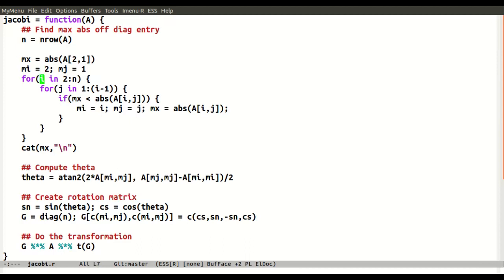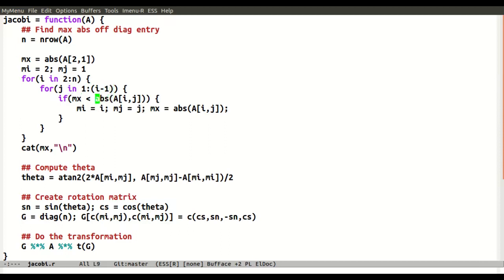Now I run the loop for i from 2 to n and j from 1 to i minus 1. Notice I am not starting i from 1 to n, because if i is 1, then there is no off diagonal entry there. And j will run from 1 to i minus 1. So I am looking for the maximum in the strict lower half.